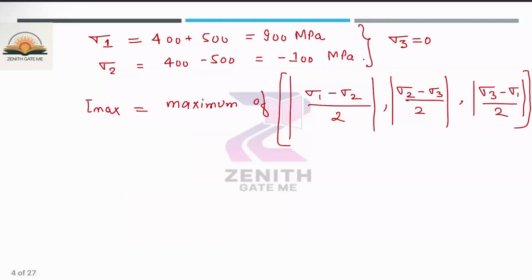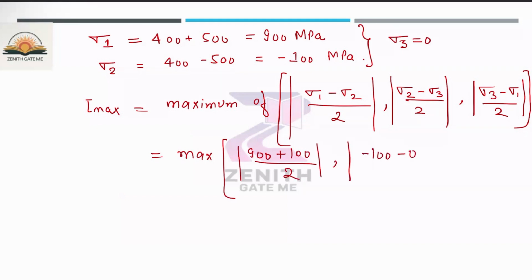So, (sigma 1 minus sigma 2)/2 is nothing but (900 plus 100)/2. Sigma 2 is minus 100, so that will become plus 100. Then (sigma 2 minus 0)/2 is minus 100 divided by 2, and this is 900 divided by 2.